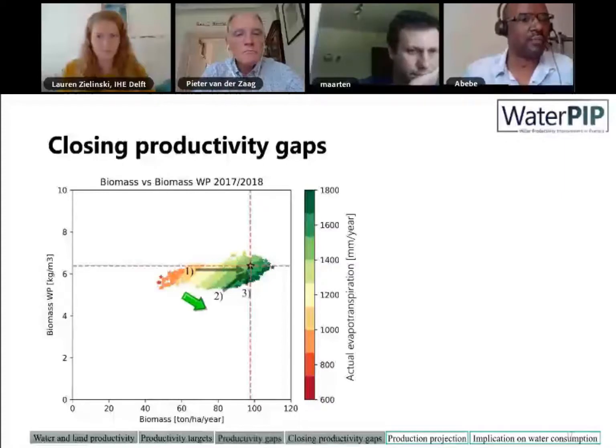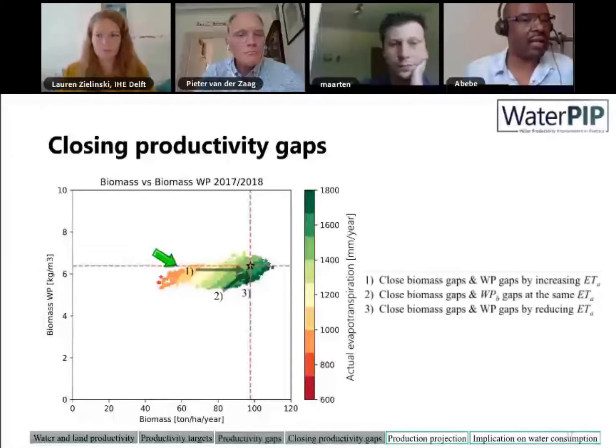So by improving or closing the productivity gap, we mean that we either move those pointers horizontally to the right, following arrow 1, which means closing the productivity gap while also consuming more water.